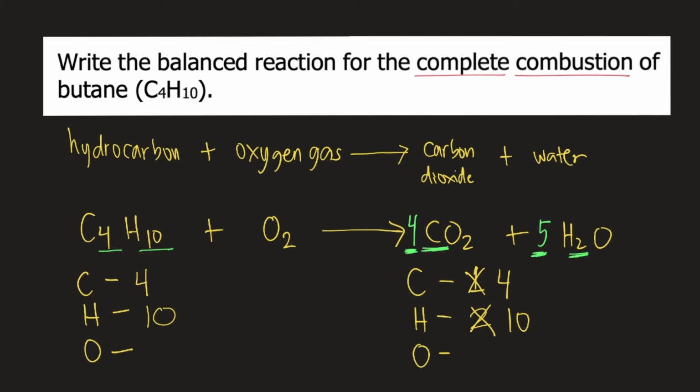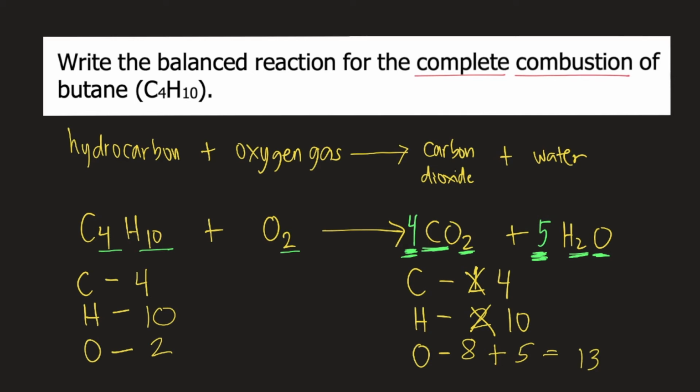Lastly, we count oxygen. So on the left side, we have 2 oxygens, and on the right side, we have 4 times 2, that's 8, plus 5 times 1, that's 5. So 8 plus 5, that's equal to 13. So how do we balance oxygen?